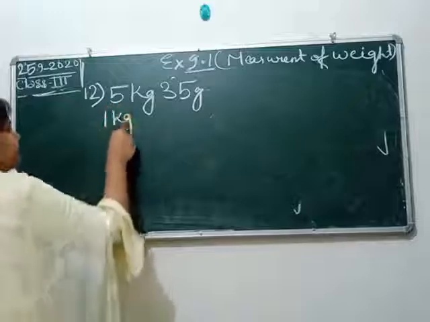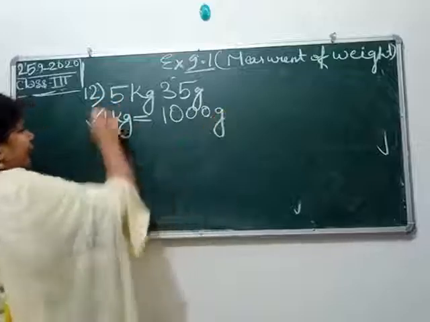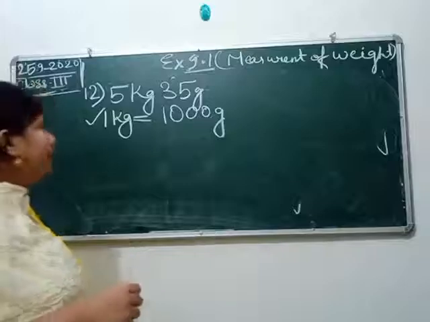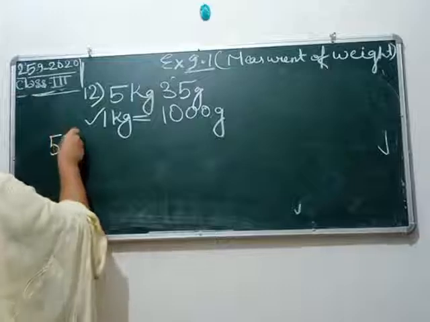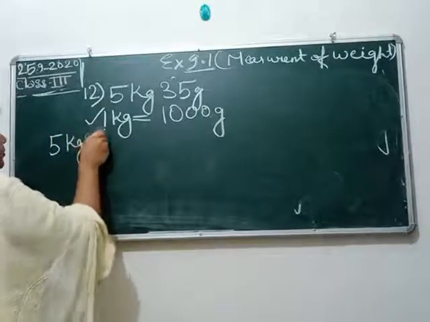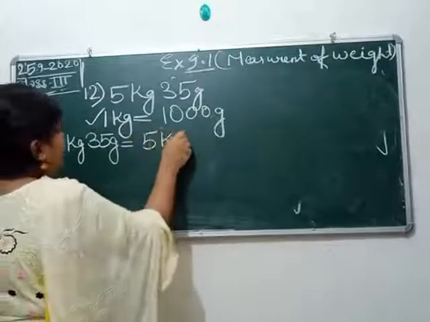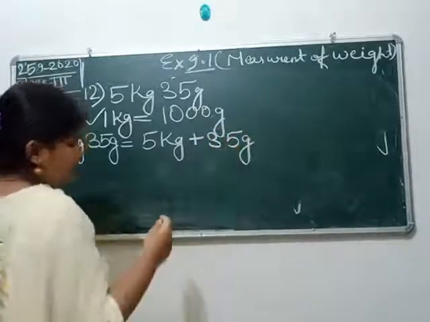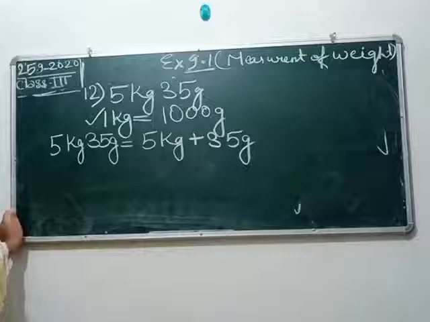One kg equals 1000 gram. See, this line you have to write every time. Whenever you convert, you have to write 1 kg equals 1000 gram. Now, 5 kg 35 gram equals 5 kg plus 35 gram.